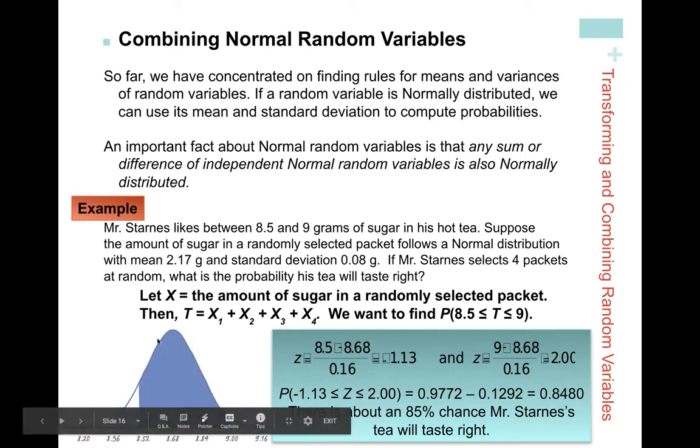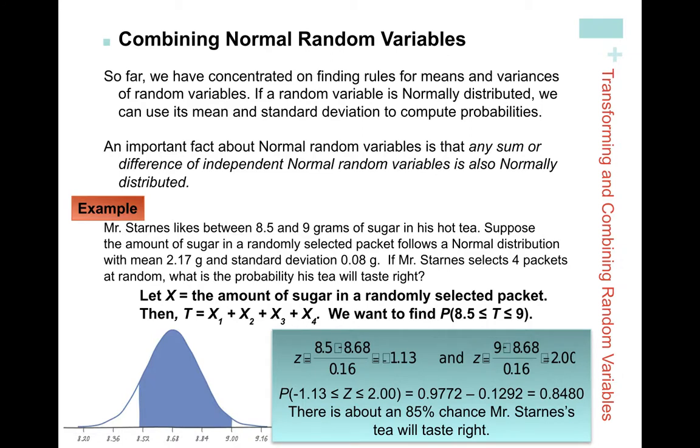So here is the normally distributed random variable T, which is x1 plus x2 plus x3 plus x4, in other words, the total amount of sugar of 4 packets. And this is normally distributed because, remember, anytime we're doing a linear combination of normally distributed random variables, the linear combination is also going to be normally distributed.